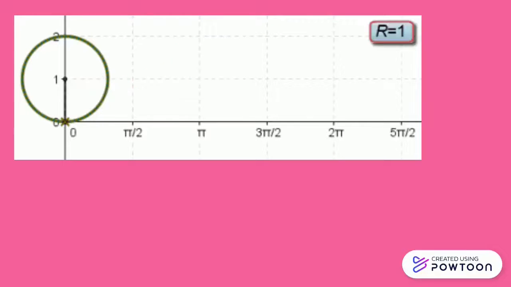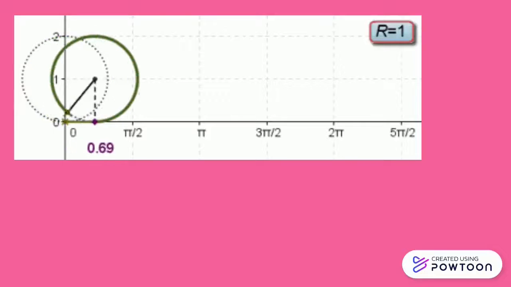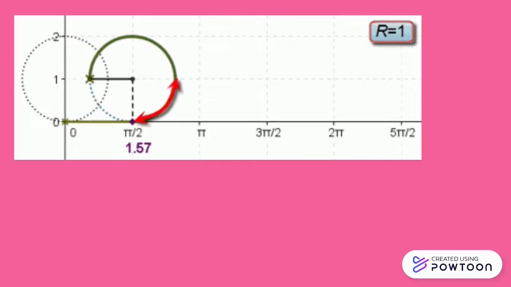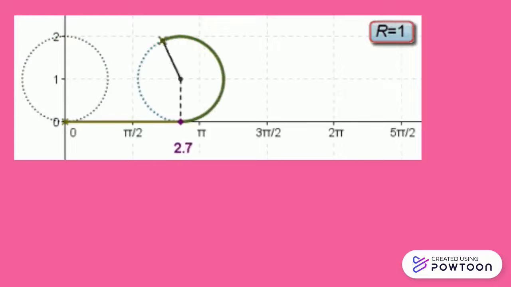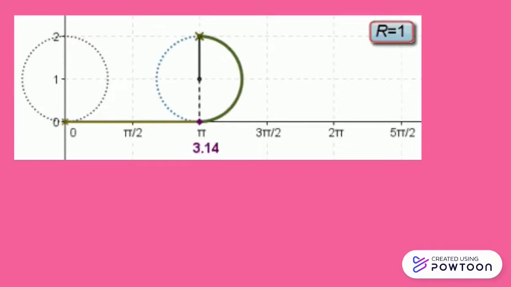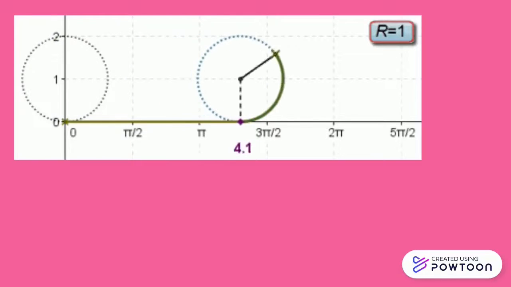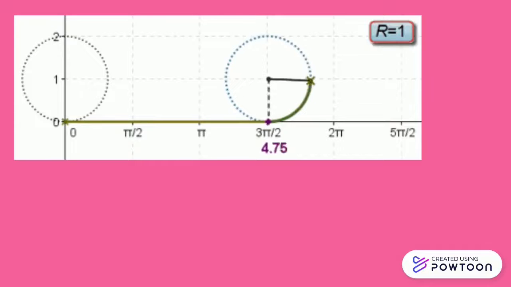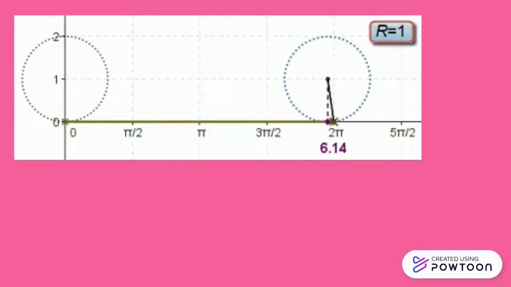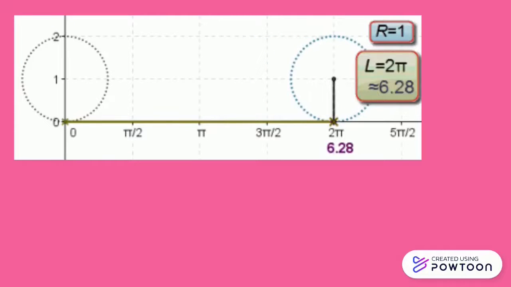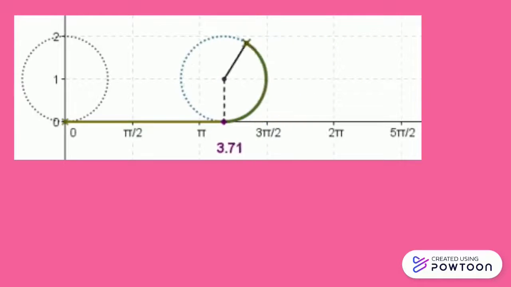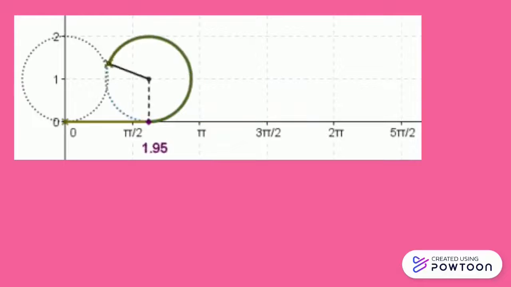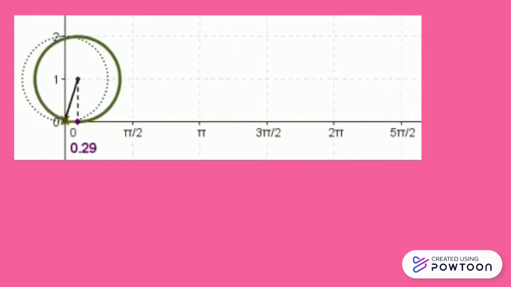Here I have a circle with radius 1, and it has been painted along the circumference with green. We're going to roll the circle along this line and see where the green paint ends, and that will tell us what the circumference is. Here we want to know the relationship between the diameter of the circle and the circumference of the circle. So we know the radius is 1, and when we unroll the circle, the circumference is equal to 2 pi.